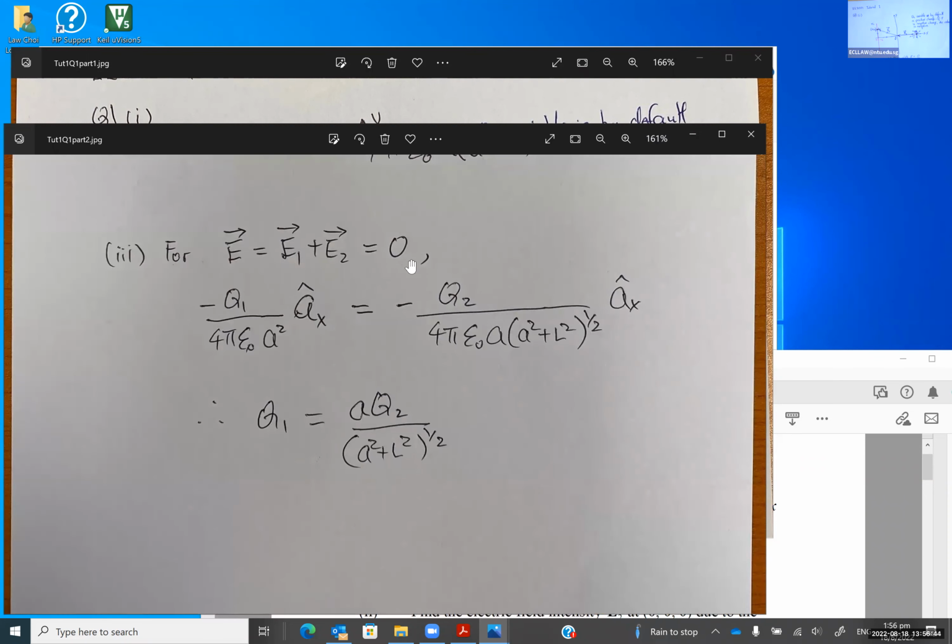So we want that equal to 0 in this case. The vectors in general have an AX, AY, and AZ direction, but in this case, for E1 and E2, both the AY and AZ are 0. So we only have one to equate, the AX one, and from there we can find the answer.